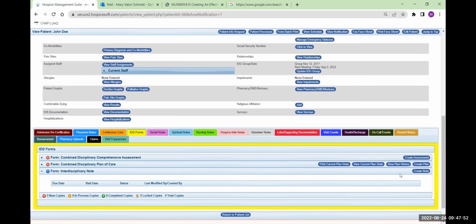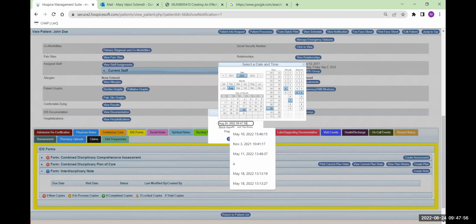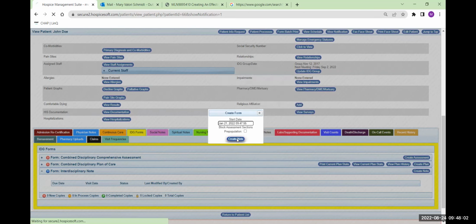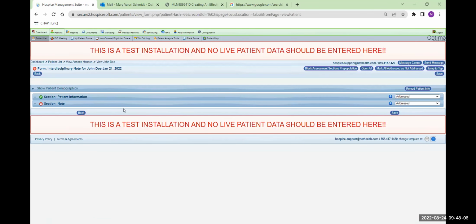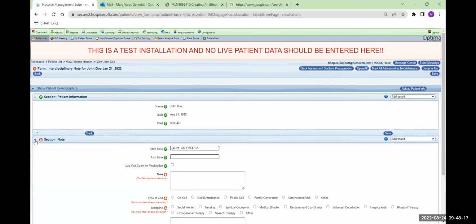So I'm going to go over here and create a note, and I'm going to make it for the date of when this guy was admitted, which was January 21st. And I'm going to create the note, right? And then it opens up 2 sections. One section is the patient basic information, their name, their date of birth, and their medical record number. And then the second part of the section is the note.